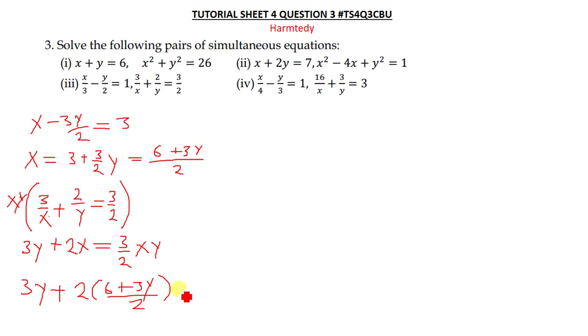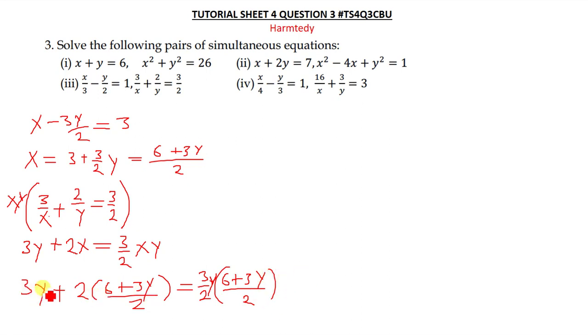And then we say this is equal to 3 over 2. And then we say 3 over 2 y, this is y, multiplied by 6 plus 3y, everything over 2.